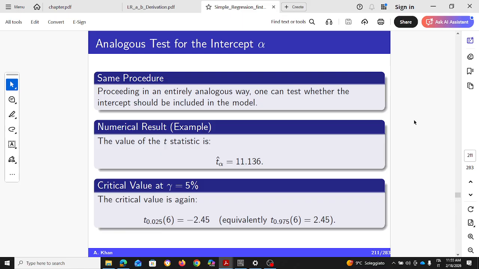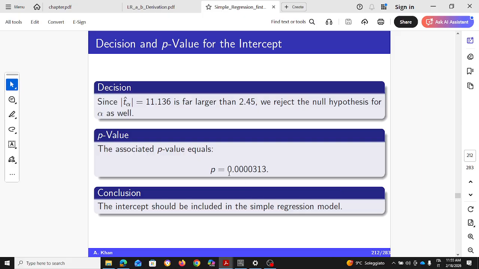And the same is true now for alpha. We do the same procedure for t-alpha. We get this value, and at gamma equal to 5%, a 95% confidence interval, we have this value. And the p-value is this. So again, this value is bigger than this, and this p-value is much smaller than gamma.